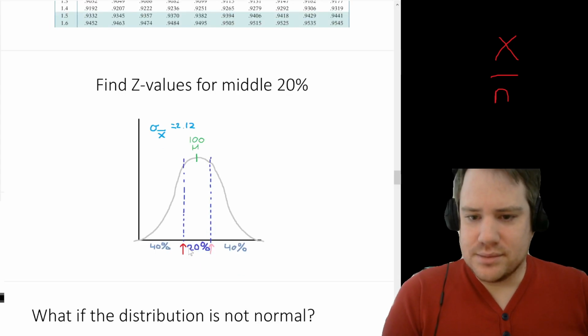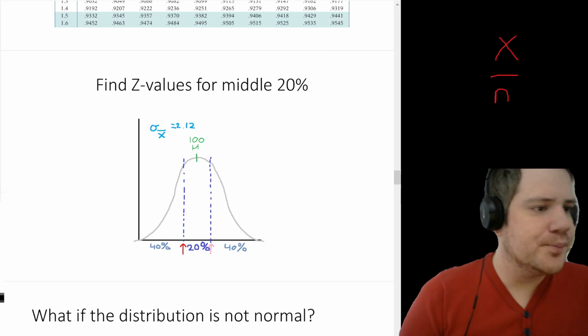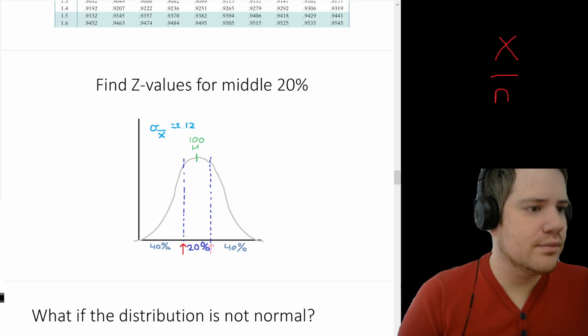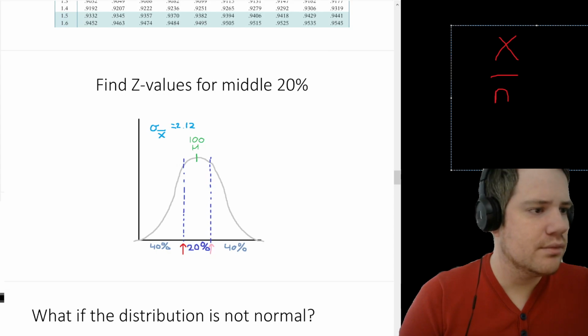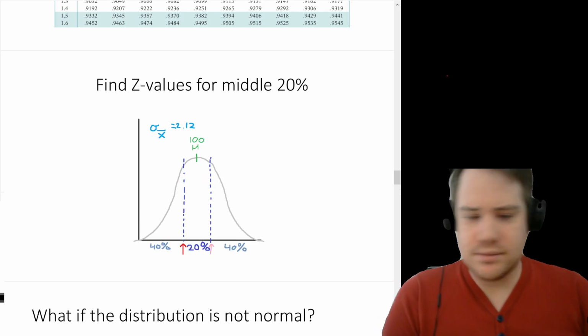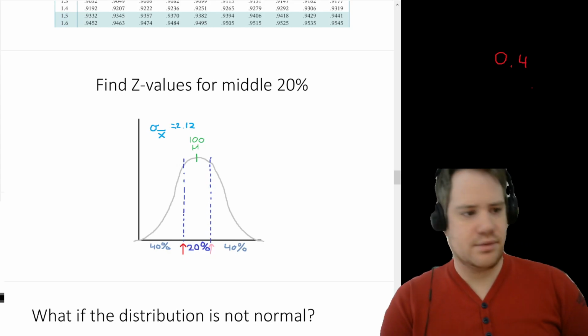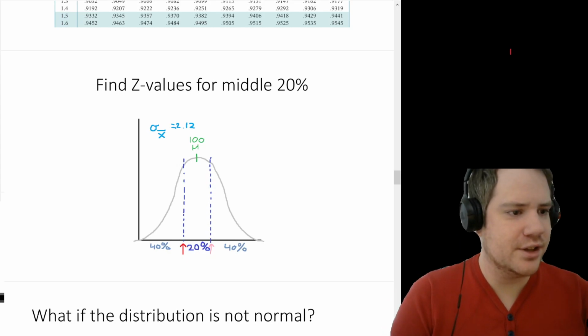So for this, let me clear this quickly. Okay. So for the red one, we could see that 40% of the distribution is below it.